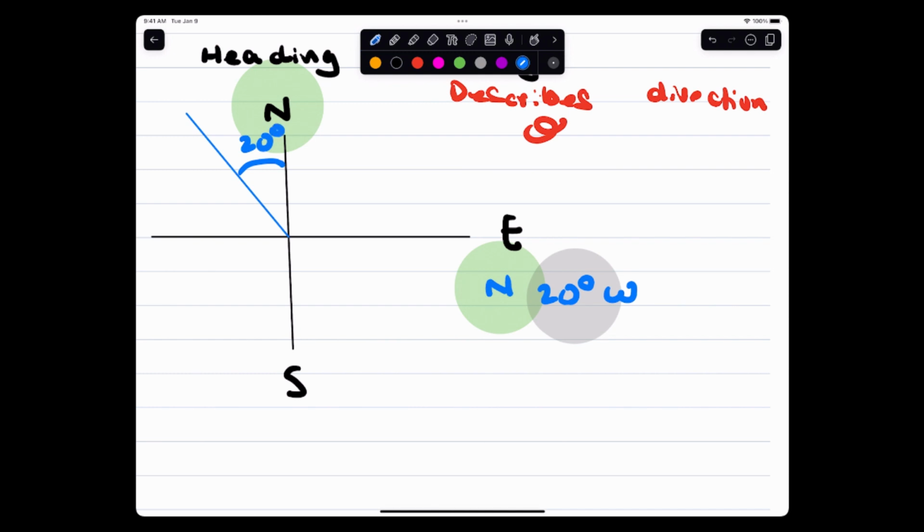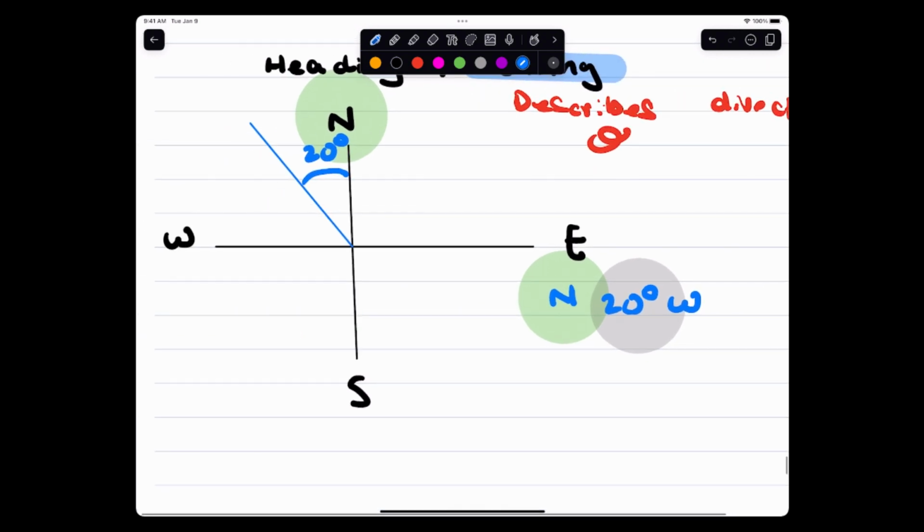This is how they measure. So they're communicating north 20. And why did I go to the west direction? Why do you think I went this direction? Yeah, because if you read it left to right, they're saying start north and then slant 20 degrees west. And this is the direction that they are describing here.